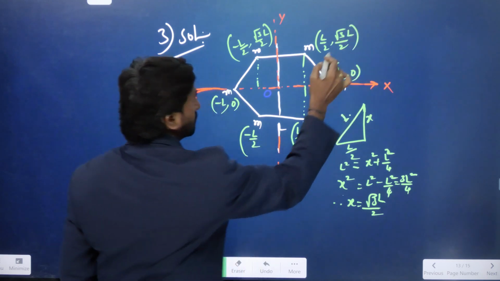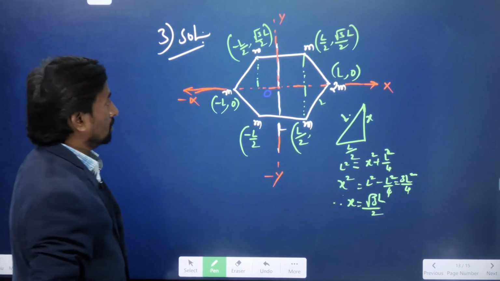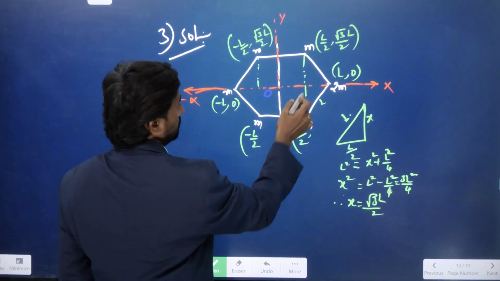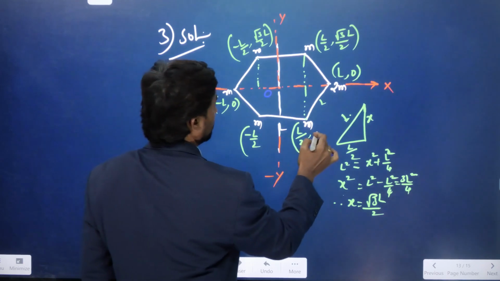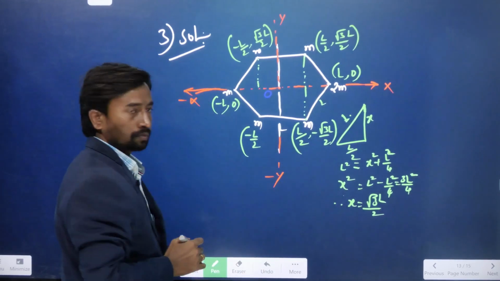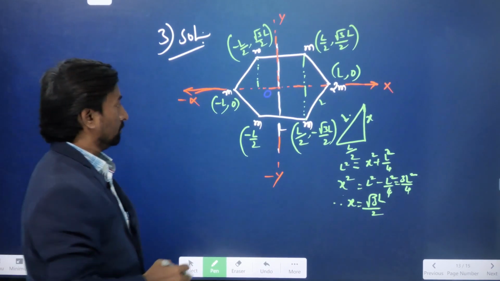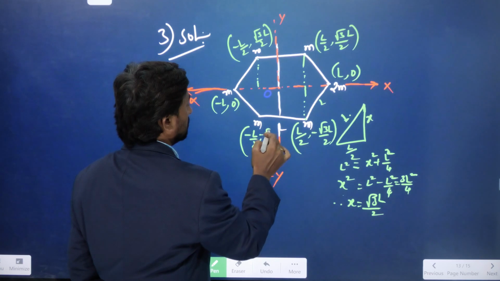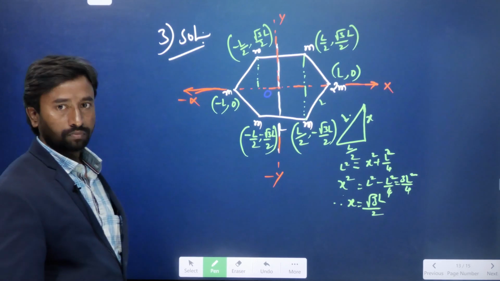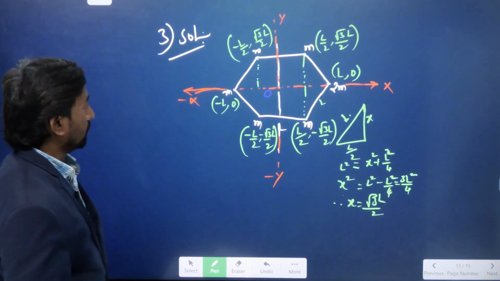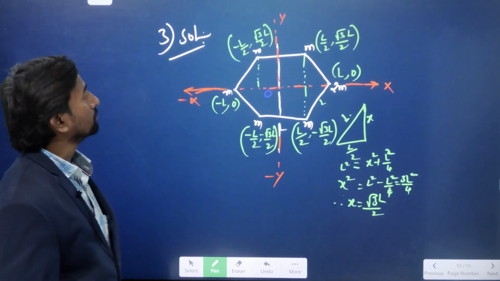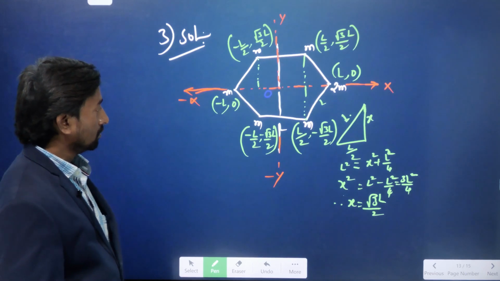For this particle it is negative, so the same distance will be there on the negative y axis, giving minus root 3 L by 2. For this also we get minus root 3 L by 2. It's clear now? We got all the coordinates for all the particles placed at the vertices of the regular hexagon.